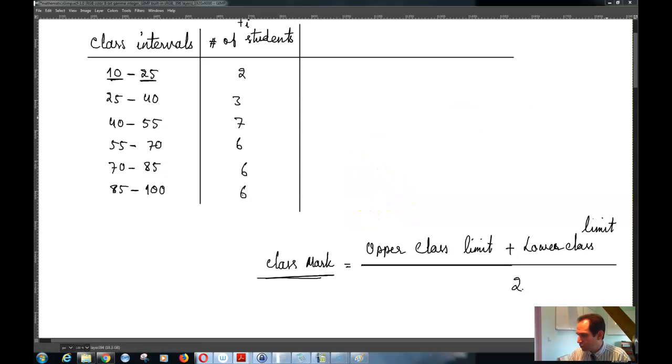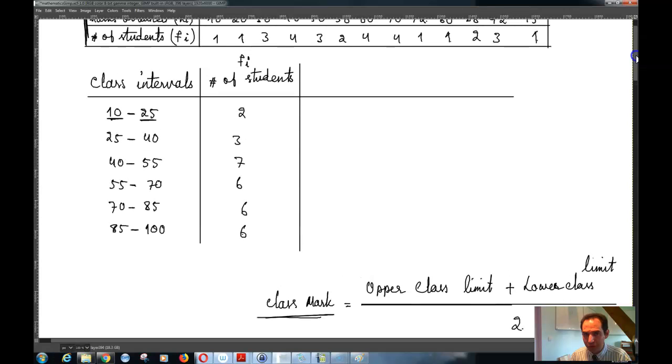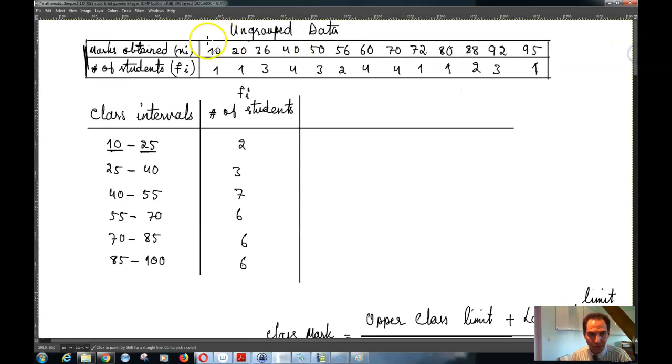Then that's one more thing that we need to do. In the previous examples you saw that we had our x of i's, which in this example are these numbers over here, right? And then somehow in the process we lost our x of i's, and we got these class intervals.